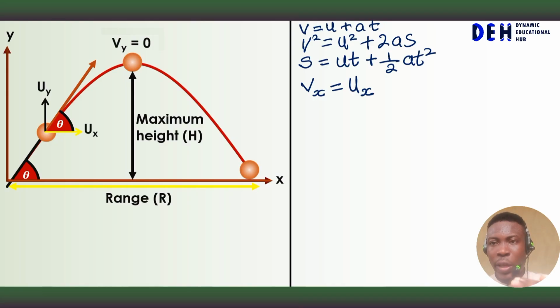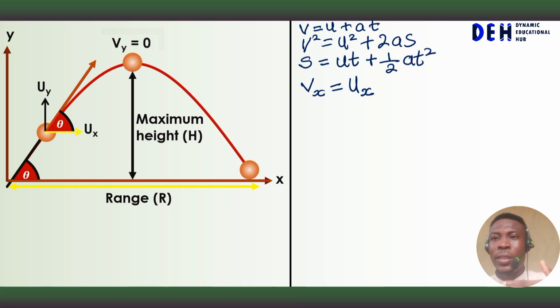The initial velocity along the horizontal component, when you resolve it, is going to be constant because the weight is not impacting it. Acceleration due to gravity is acting vertically downward. It's not impacting the path followed by the object along the horizontal component. It's only impacting the vertical component.